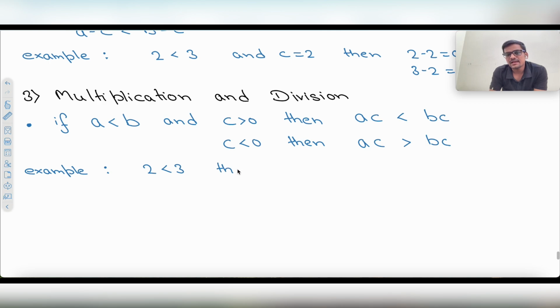Then if I multiply both sides by 4, what will happen? The inequality will not change. Why? Because 4 is positive. So 2 is less than 3, right? And I am taking my constant C equal to 4.